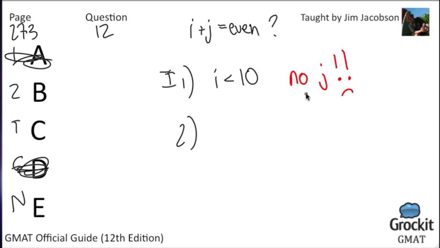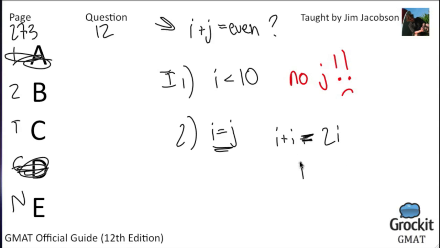Statement 2 tells us that i equals j. So this actually is interesting, which means then that we can substitute i and j for each other. So i plus j is the same thing as i plus i. So i plus i equals 2i.